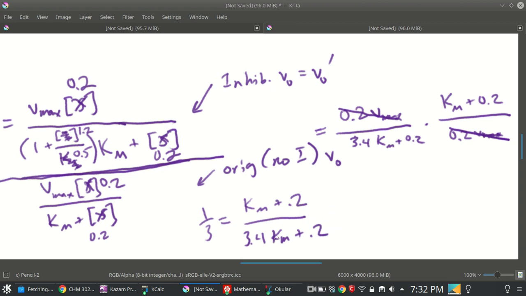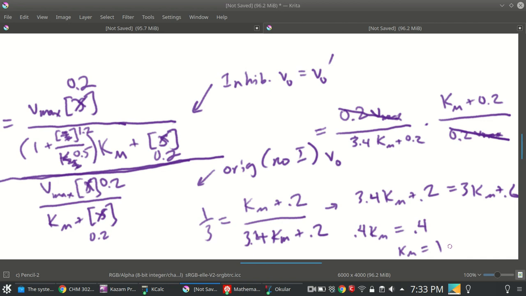I'm going to cross multiply the way you used to do in middle school. 3.4 Km plus 0.2 equals 3 Km plus 0.6. Now I'm going to collect the terms the way you did in 8th grade. So 0.4 Km equals 0.4, and so Km equals 1. And the units that these biochemists like to use is millimolar.